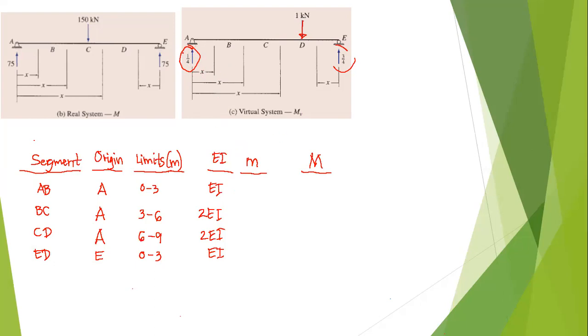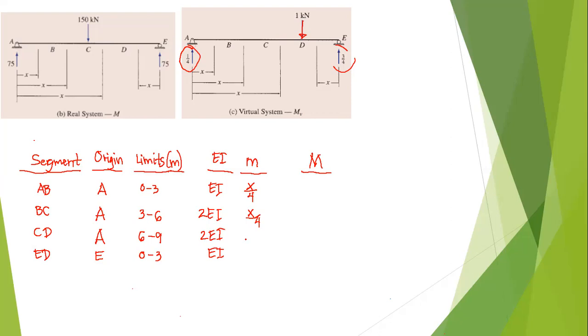Since this causes positive moment, our m here would be 1/4 times x, or simply x over 4. Likewise, from B to C, we have again 1/4 times x, equal to x over 4.